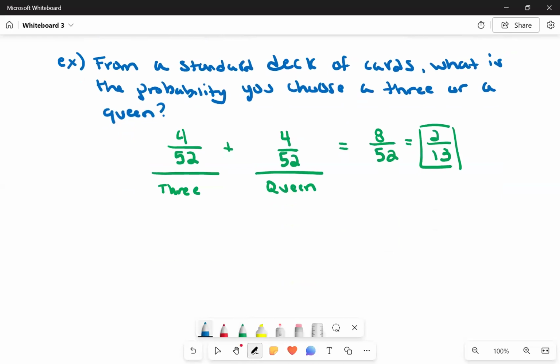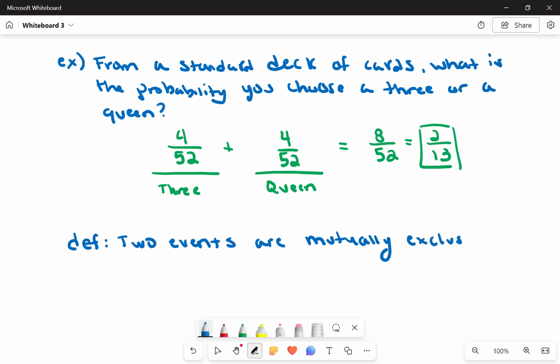Okay, so this is the basic formula for finding probabilities. Before I do that, I want to define what we just saw here, these exclusive events. Here's how we define them in probability. Two events are mutually exclusive, another phrase that's used for that is disjoint, if they cannot both happen.